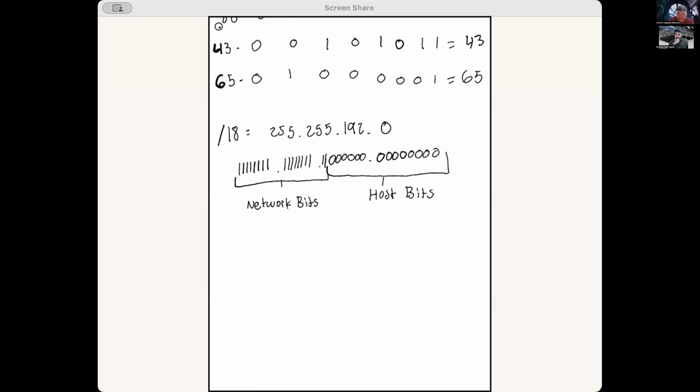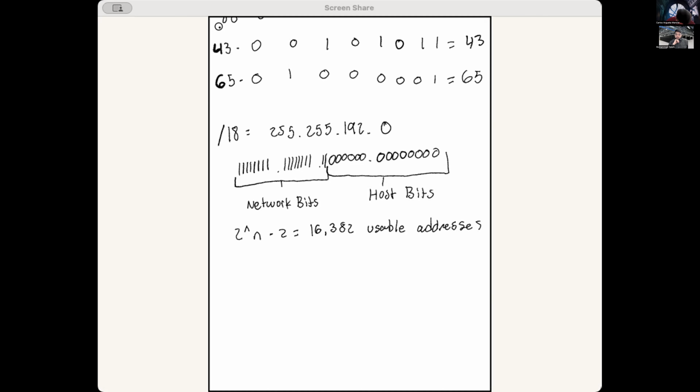That gives us 16,384 minus 2. Let's write our formula here, which is 2 to the power of n minus 2, which is 16,382 usable addresses.